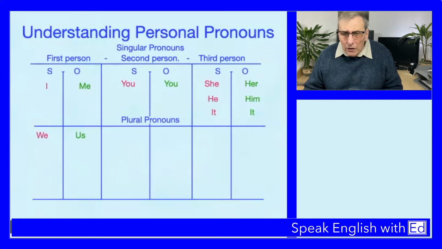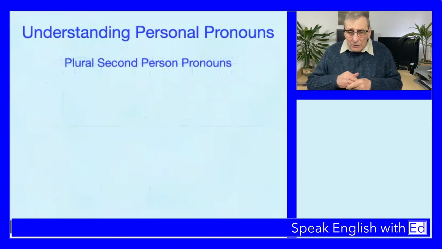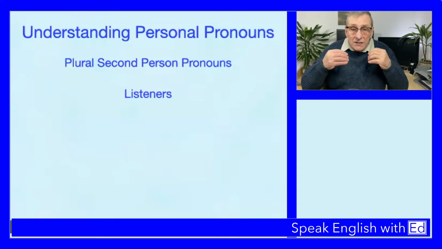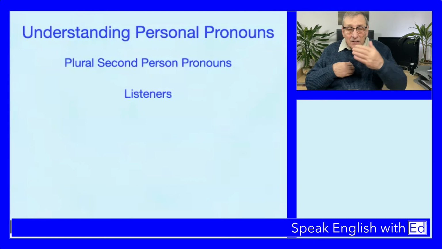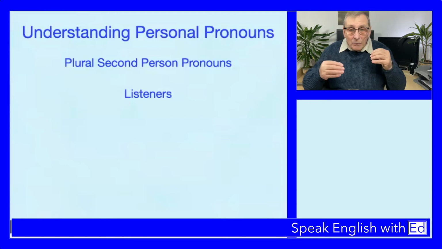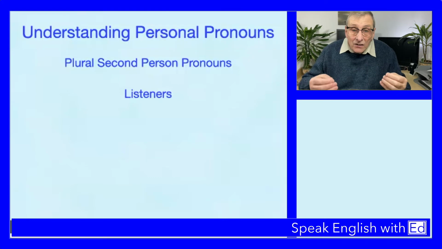So we move on and we go on to second person plural pronouns now. As we remember from last time, the listener is the person who is being spoken to, and the second person in this conversation, the speaker is the first person, the listener is the second person, and because the plural, we're talking about the speaker and somebody else.